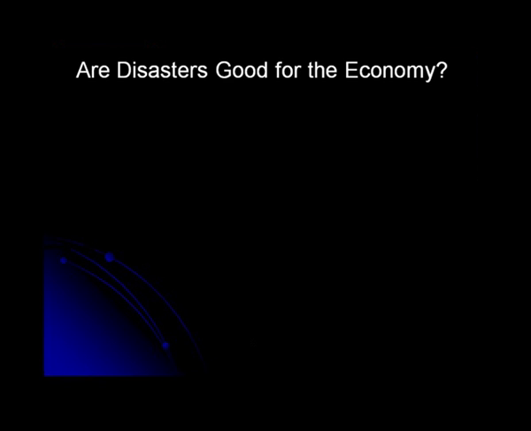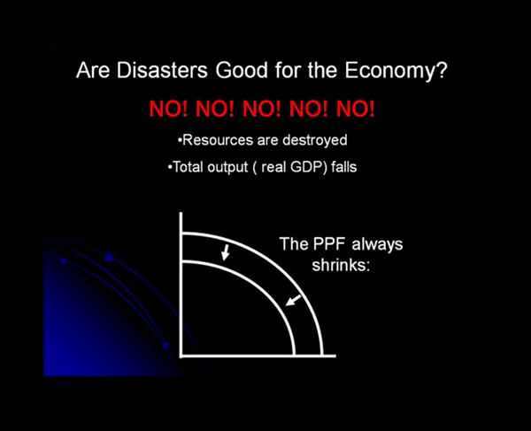Before we end this lecture, it would be nice to finally answer the questions we started with, wouldn't it? So let's go there. First, are disasters good for the economy? No, unequivocally no, and for good measure, no, no, no, no, no. We live in a world of scarcity, and when that constraint is tightened, when resources are destroyed, regardless of whether those resources are land, labor, capital, or entrepreneurship, our ability to produce goods and services to satisfy people's wants and needs falls.